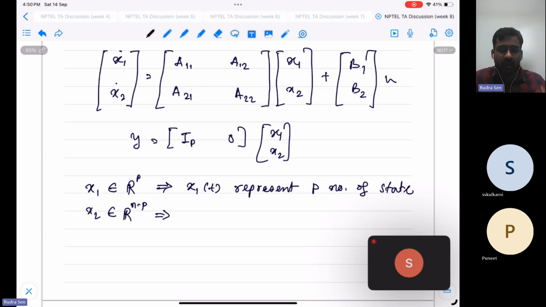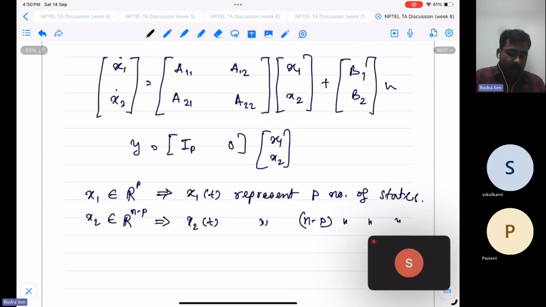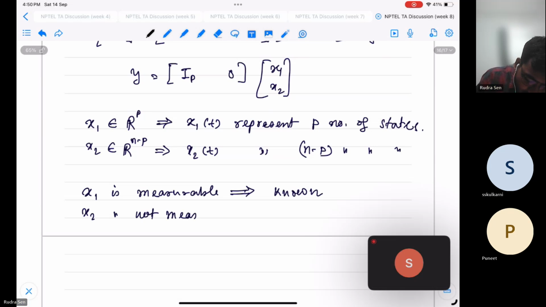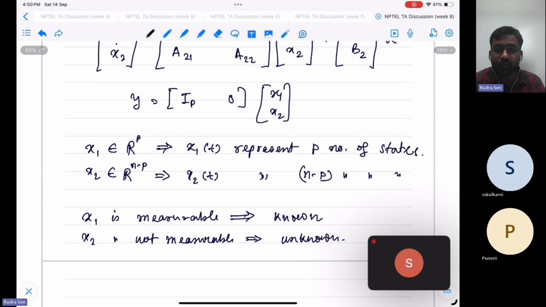The total system dimension is n, so there are n states. x1 is the p states and x2 represents the n minus p states. So x1 is measurable, or known, whereas x2 is not measurable, meaning unknown. We have to design a reduced order observer for that case.